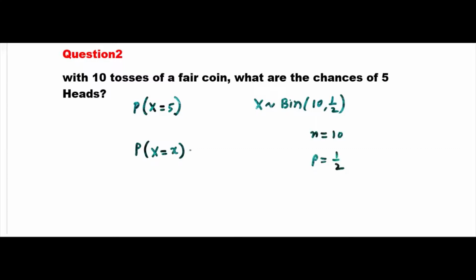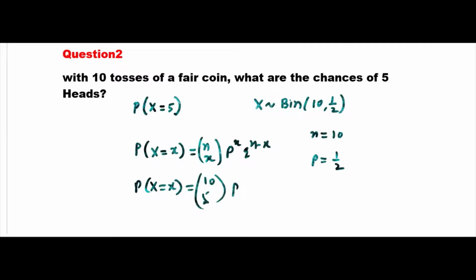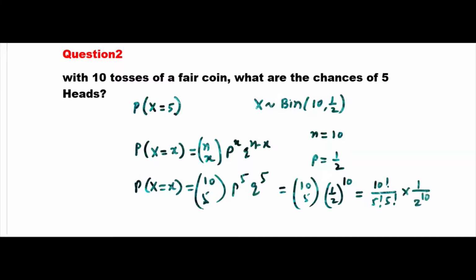So I can write the formula nCx p^x q^(n minus x). Then probability x is equal to 5 is 10C5, p is half, will replace by half, p power 5, q power 5. So that will be 10C5, p is half here, q is also half here. So you can add these two powers, you will get 10 here. 10 factorial divided by 5 factorial, 5 factorial, and 1 divided by 2 power 10.